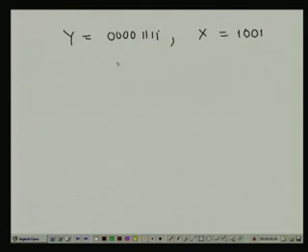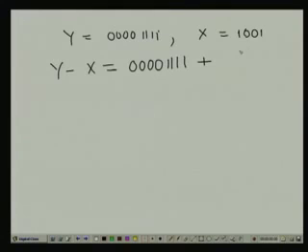Now, what will happen? Already we have seen that this is y minus x equal to y plus 2's complement of x, means this is 0 1 1 0 means 0 1 1 1.